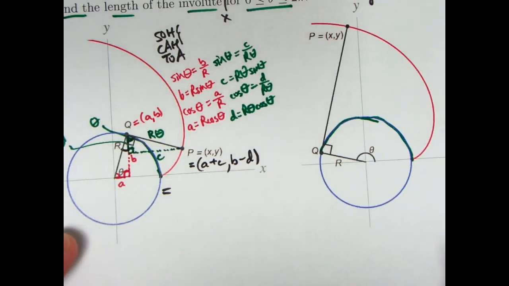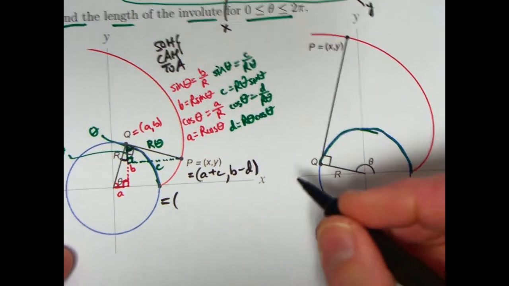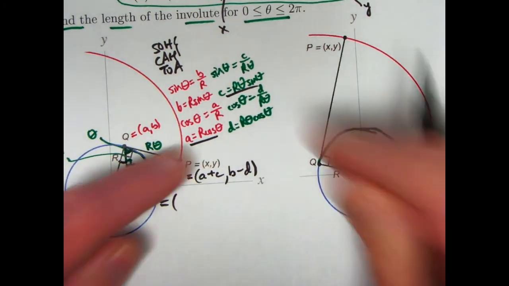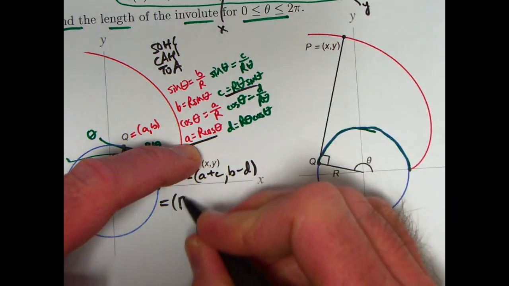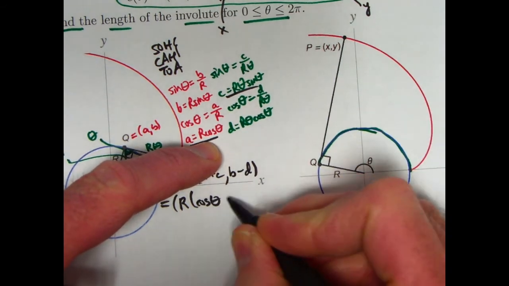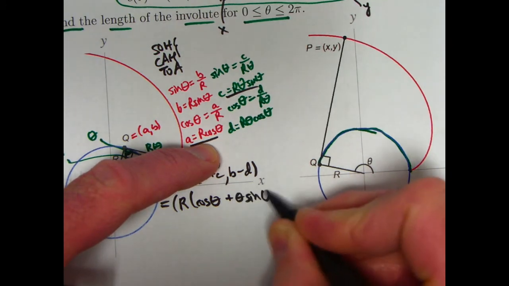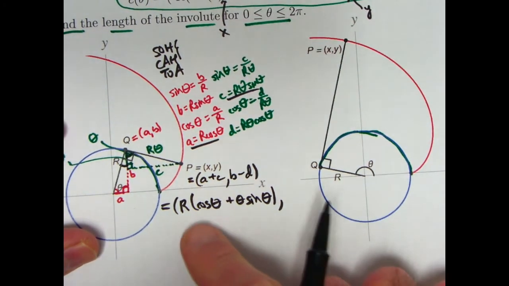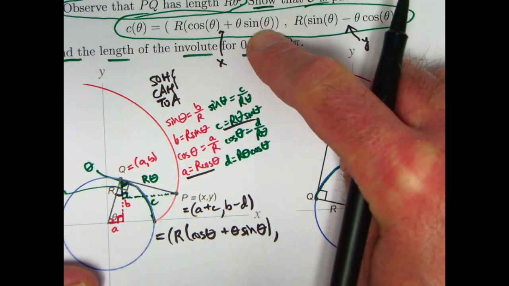Now plug in what A, B, C, and D are in terms of r and theta, and we're done with the derivation for this picture. A plus C is this plus this. Add those two things, you can factor out a common factor of r and get r. What's left? Cos theta plus theta sine theta. So the first coordinate of P is r times, in parentheses, cos theta plus theta sine theta, which is the exact same thing as what's up here.